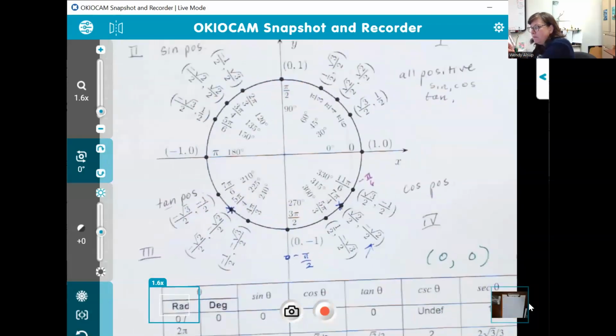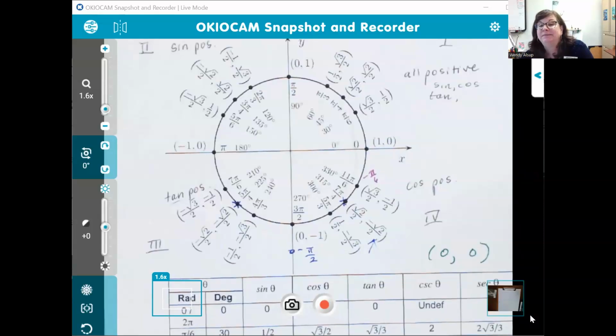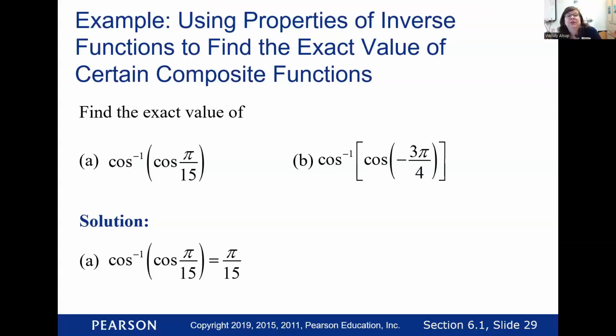There is one more thing, though, to consider with cosine. Do you remember that cosine is even? Cosine is even. And that means that the cosine of negative 3 pi over 4 is going to be the same as the cosine of positive 3 pi over 4. And you could do that, right?